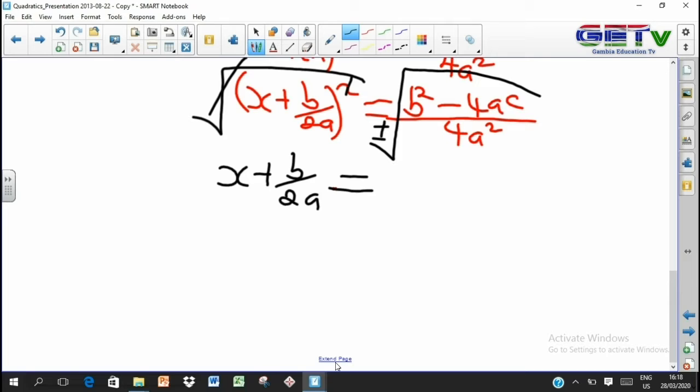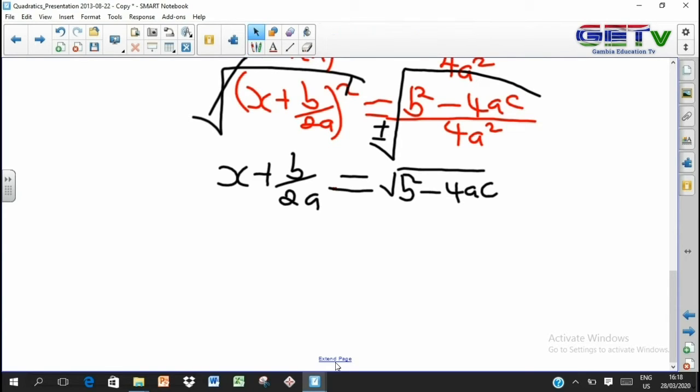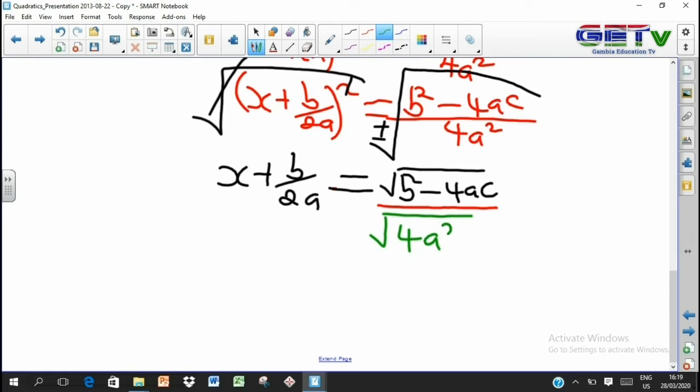since the square root is affecting both the numerator and the denominator, I want us to separate them. And that will give us square root of b square minus 4ac all over the square root of 4a square.